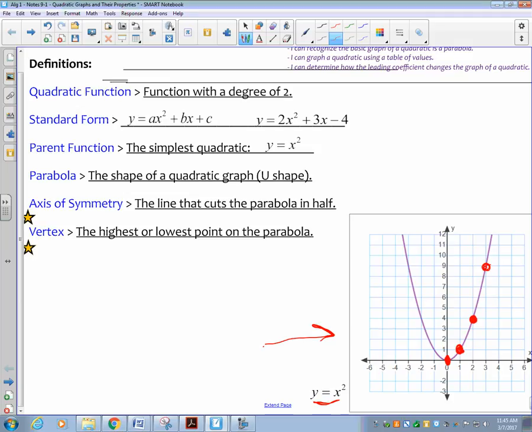The square is beautiful. I love a square because of what it does to negatives. I have -1 squared, which is -1 times -1, which is 1. So when I plug -1 into my square function, I get +1. Following that same rule, I plug in -2 and square it. What is -2 times -2? +4.